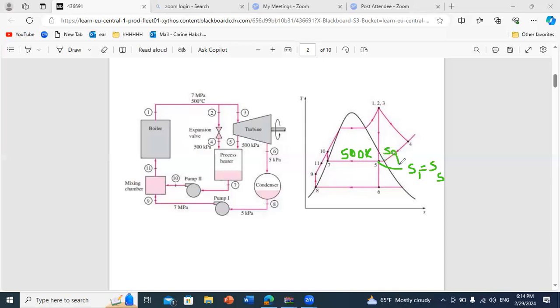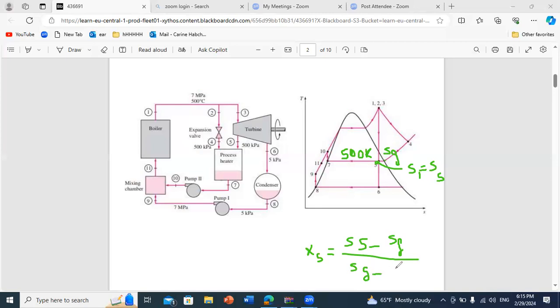This means that you have a mixture here, and you can find the quality of this point. So you can say I can get X5 by doing S5 minus Sf over Sg minus Sf.